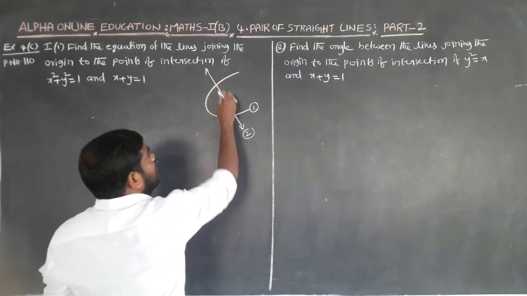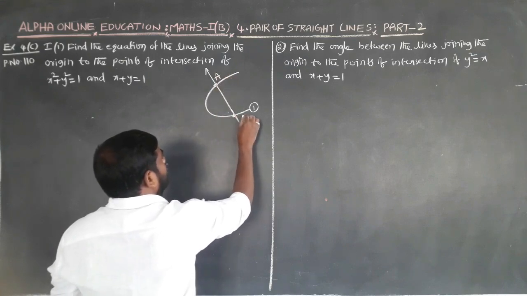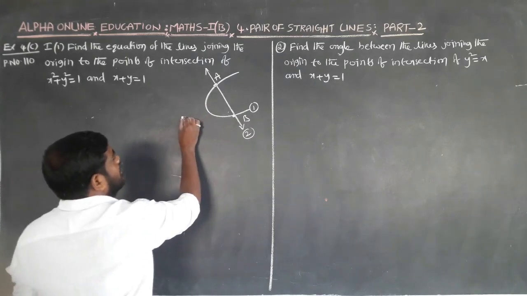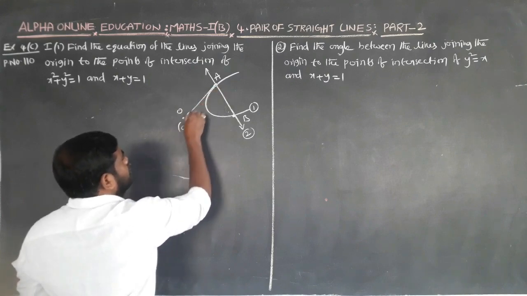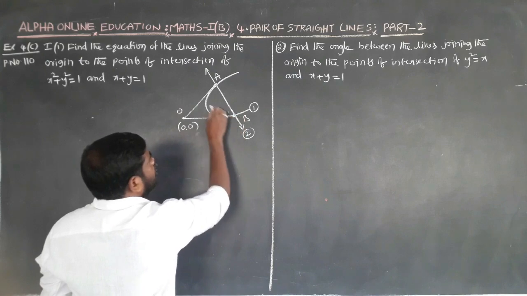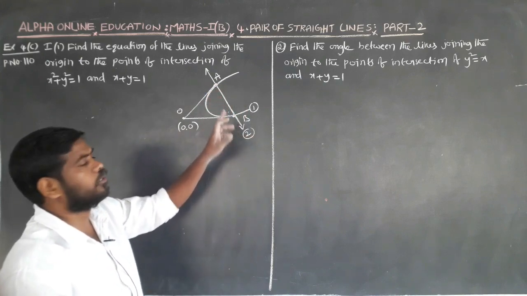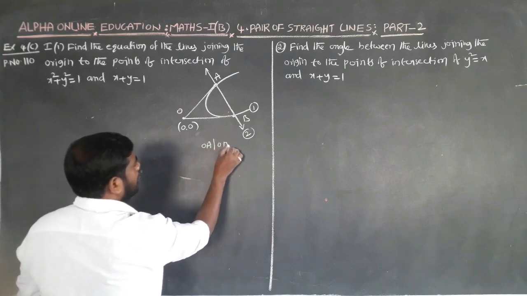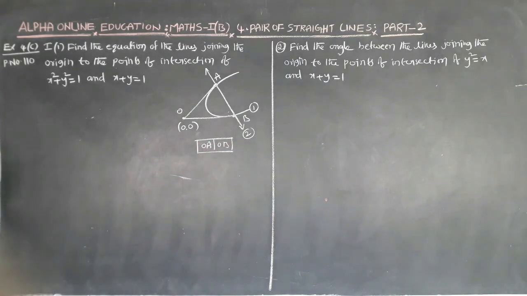Here the line meets the curve at capital A and capital B. We find the equations of the lines joining the origin to the points of intersection of the curve and line, that is, the equations OA and OB.